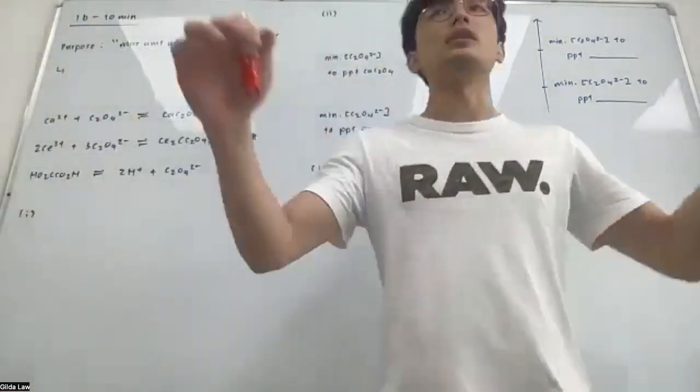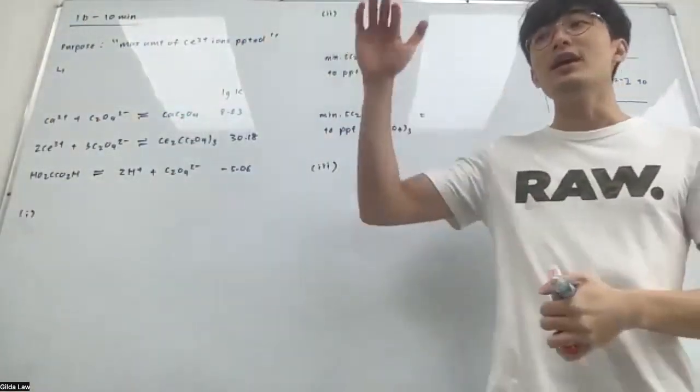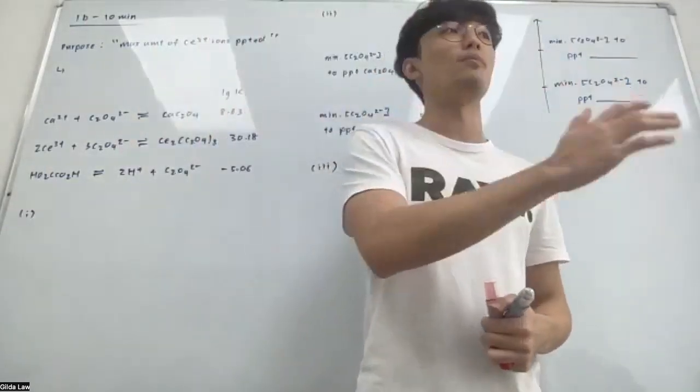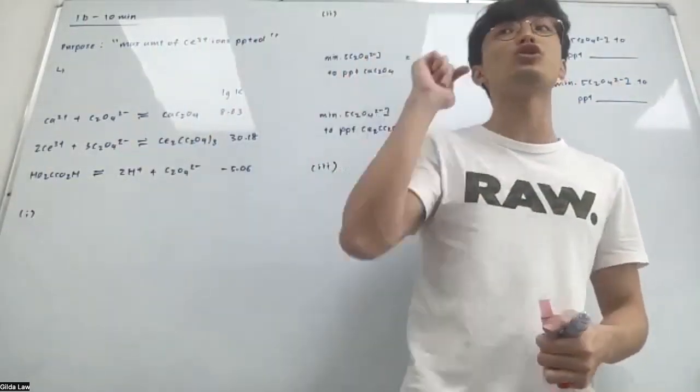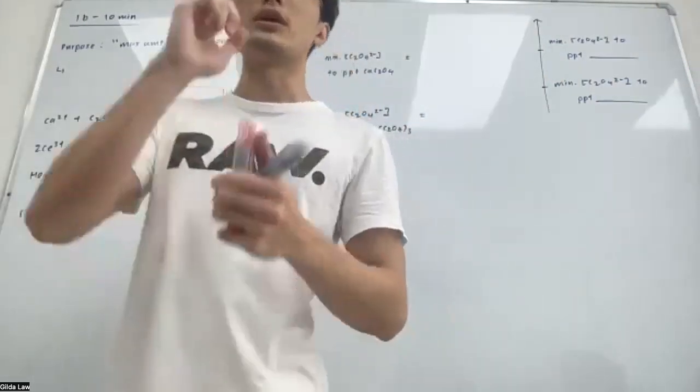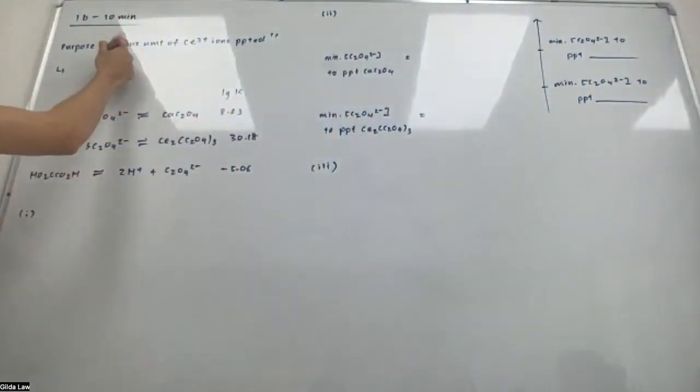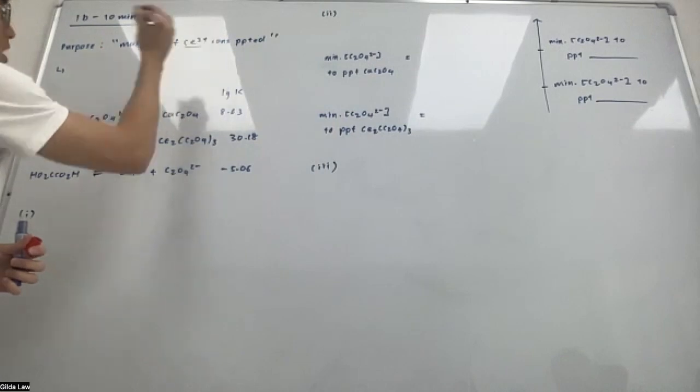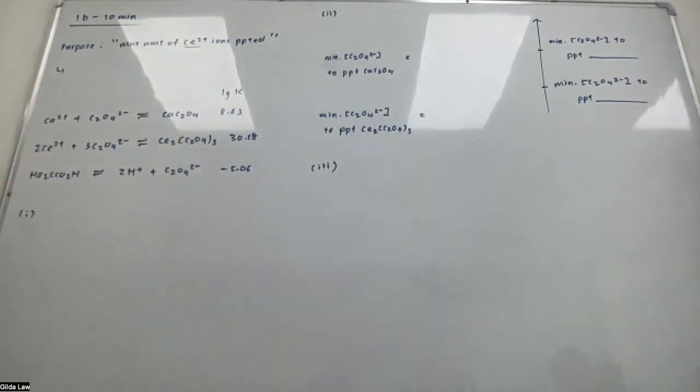Because usually in a selective precipitation question, they will ask you which salt precipitates first. That's usually your job, but now they tell you. They told you they want to achieve the max amount of Ce3+ precipitated. What does that mean? You must instantly make this connection.